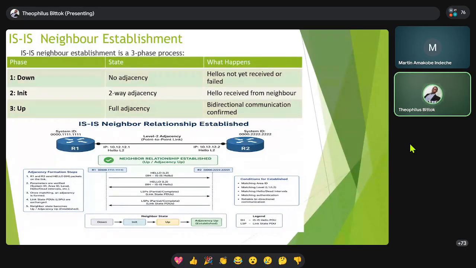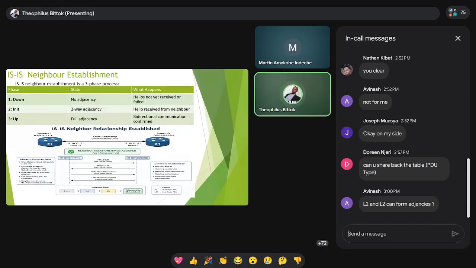Let's say initially you had 5 routers, and now you have 100, maybe 200. You will find the size of the LSP is going to increase. Maybe you will be sending a packet of, let's say, 6,000 bytes.